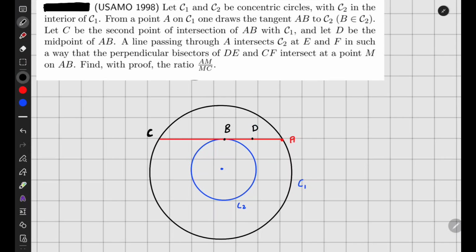The line passing through A intersects C2 at E and F, right?